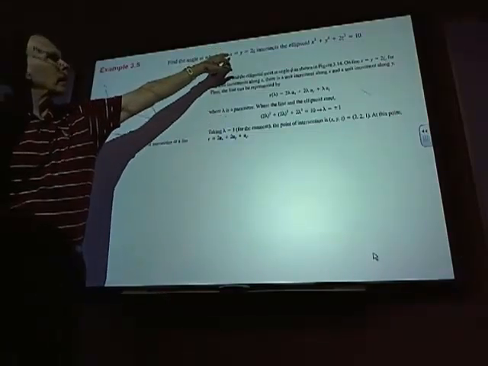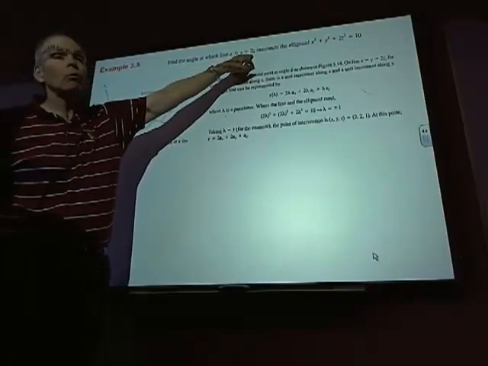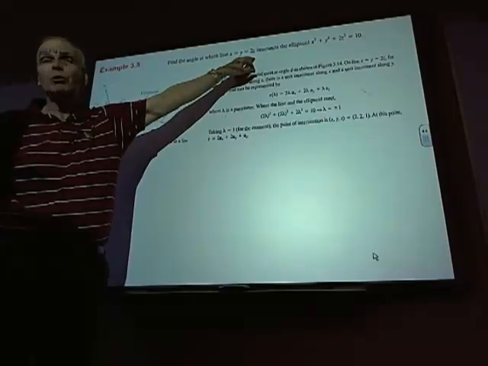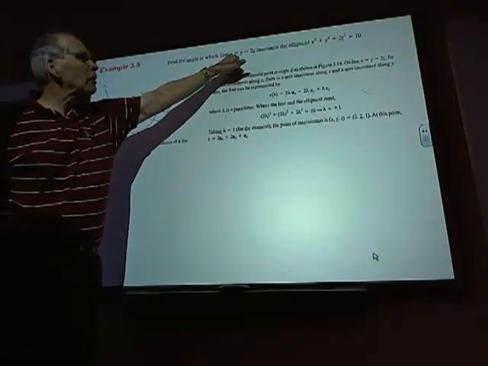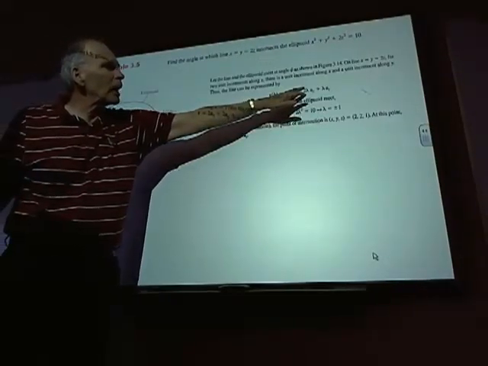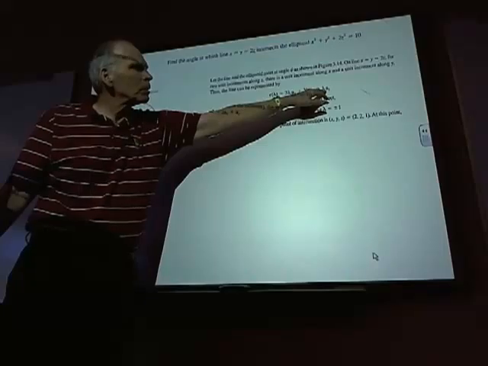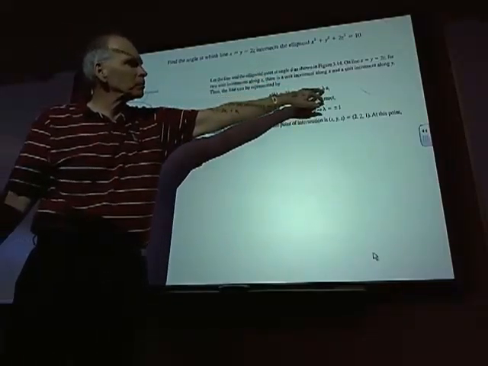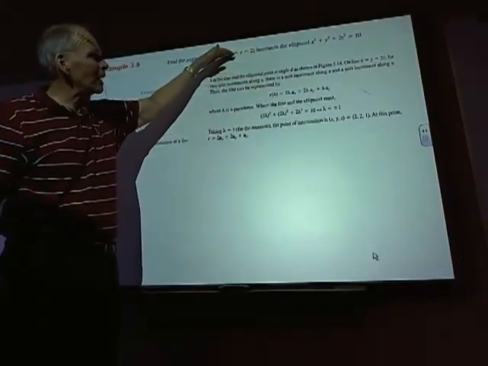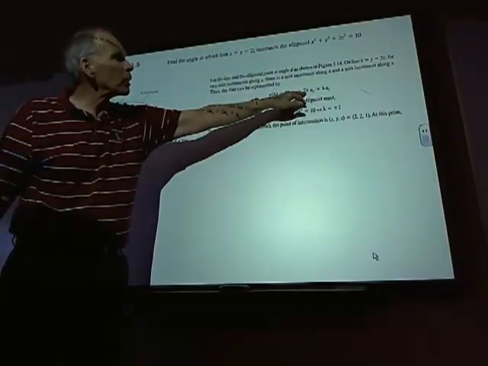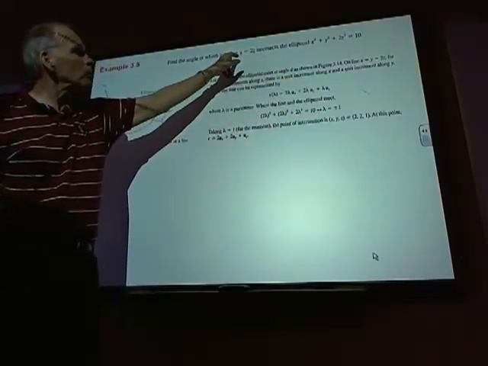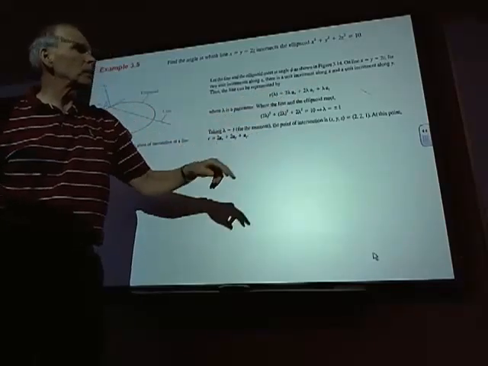Every time I have an x, I know it's going to be twice whatever z is, right? Every time there's an x, it's got to be 2 times z. Every y that I have has to be 2 times z. Now, I don't really know what value z is, but if z happens to have a value of lambda, then the vector that will represent this line has a y component twice the z component, whatever that lambda is, and its x component has to be twice the z component.